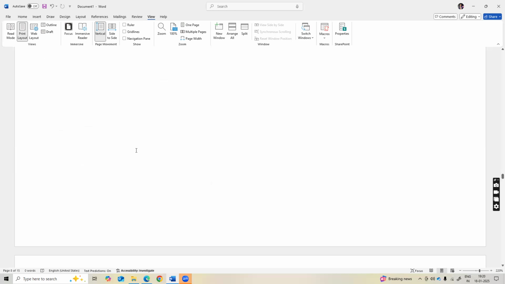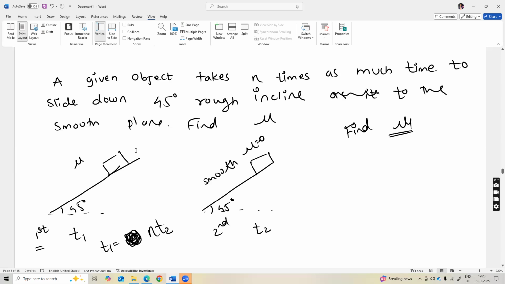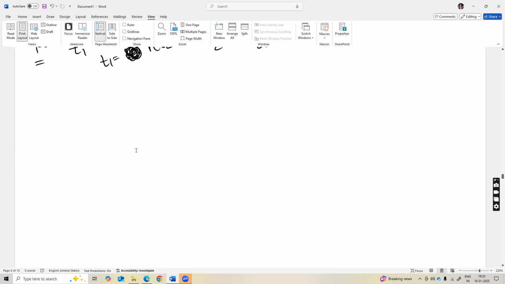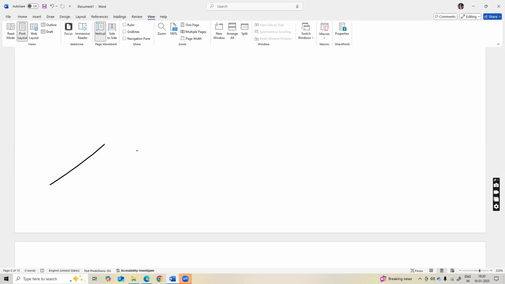Now if you see, in both the cases the object has to travel the same distance.